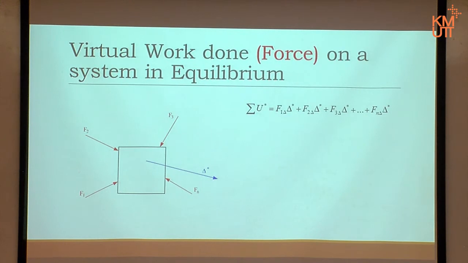If I say F1x, what do I mean? I have F1 here. It means that it should be in that line. What do I mean by F1y then? F1y is in that line, vertical. F1 delta means, because delta is in this line and F1 is in that line, I take the component into the delta line.